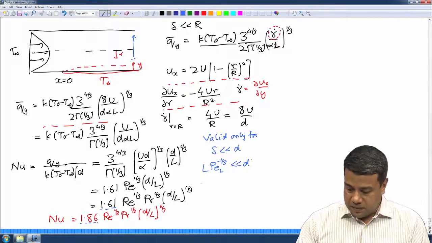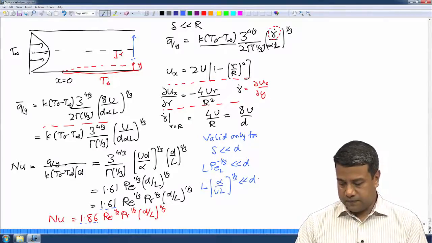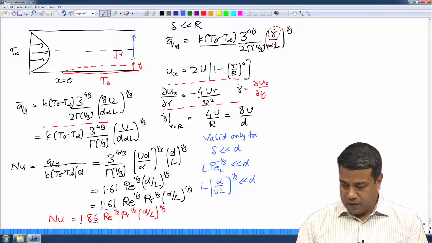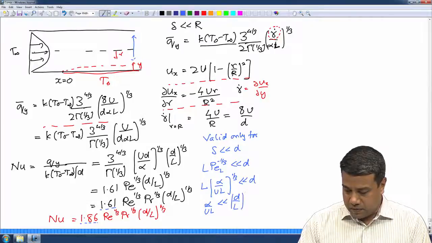Which implies that length times alpha by uL power 1/3 is much smaller than d. Or alpha by uL is much smaller than d by L the whole cubed.